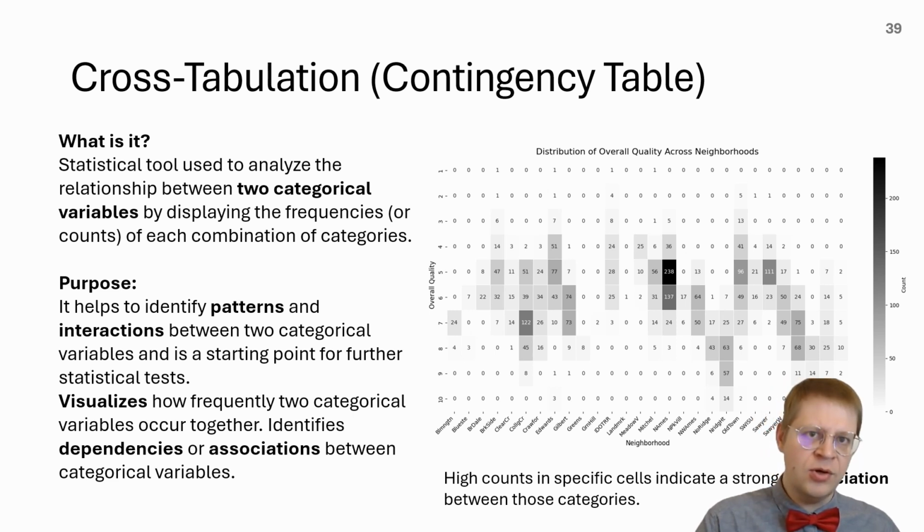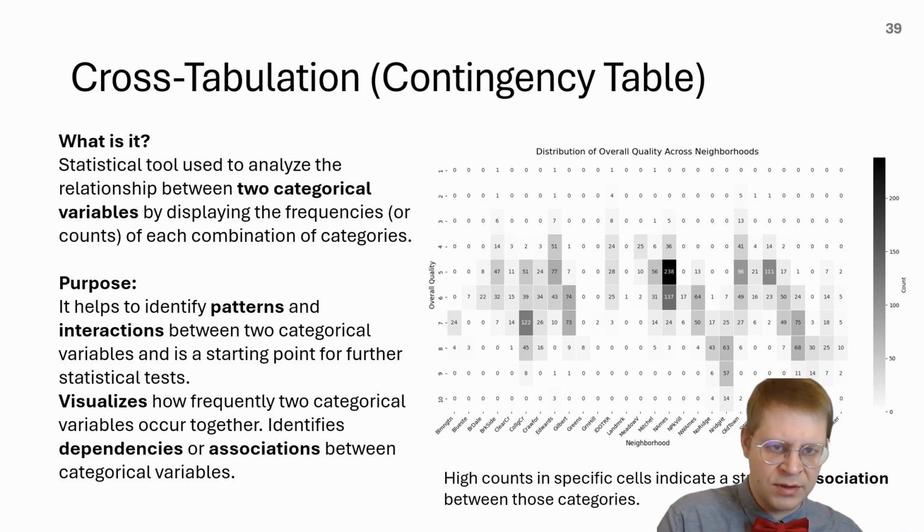For example, you might use cross-tabulation or a contingency table to see how passenger class relates to survival rate on the Titanic. It's an excellent way to begin understanding the interplay between categorical variables before moving on to more complex analysis. So high counts in specific cells indicate a stronger association between categories.